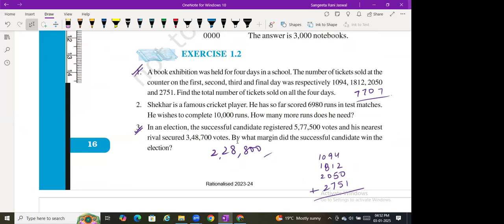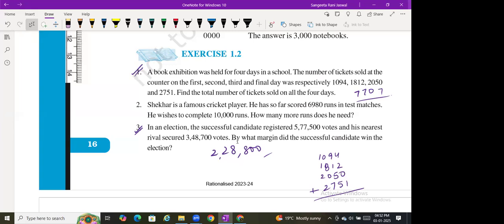The number of tickets, everyone please read the question. Read the question yourself, everyone. Okay, read the question.